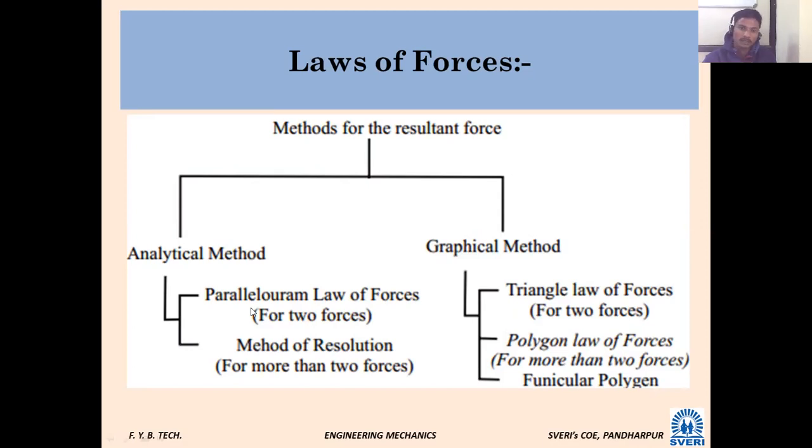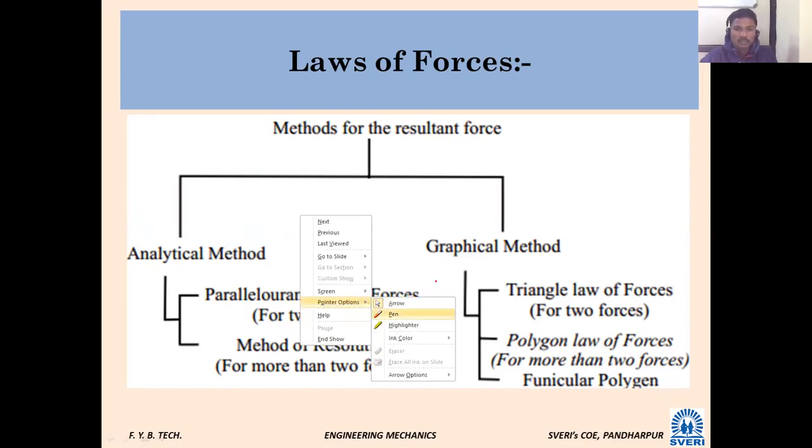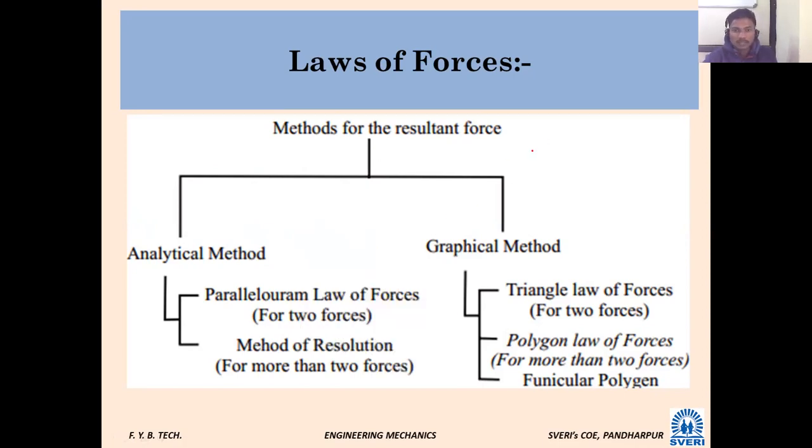What is the graphical method? Suppose we take a certain scale, say 1 centimeter or 1 millimeter. Suppose 1 centimeter is equal to 10 Newton force.